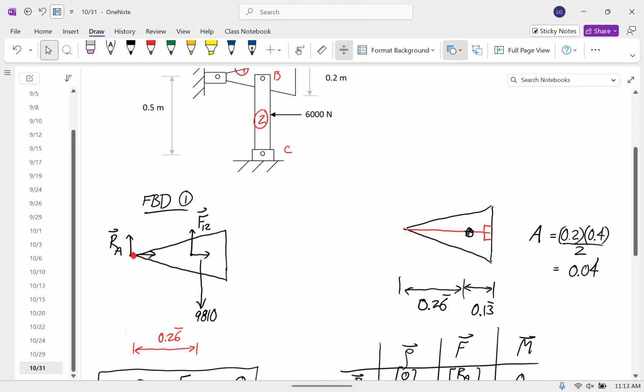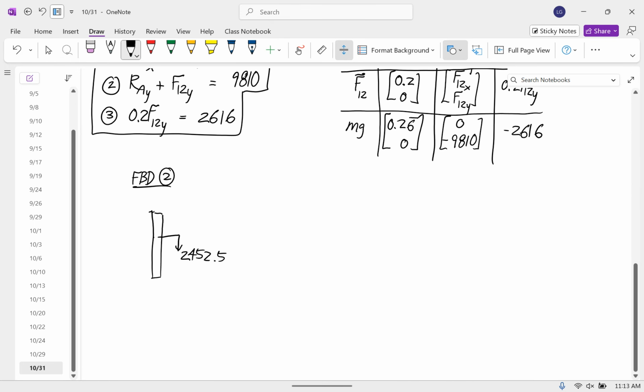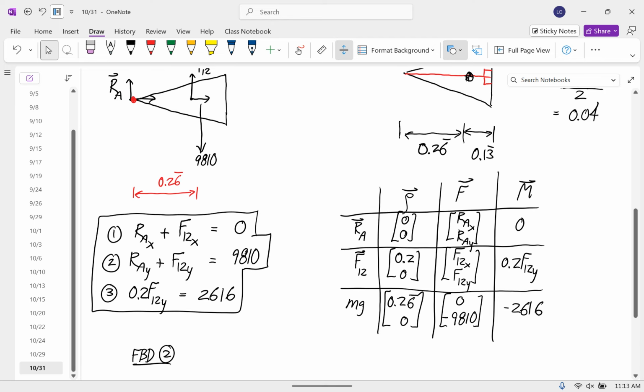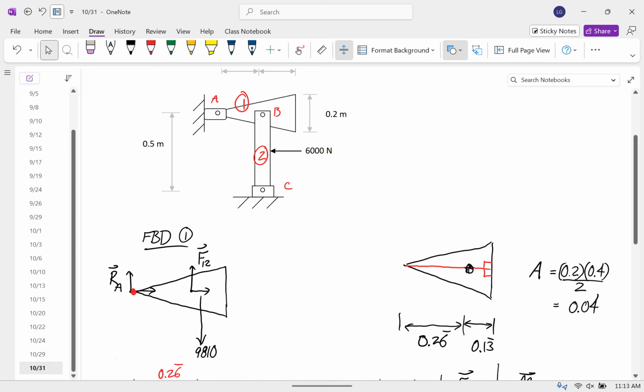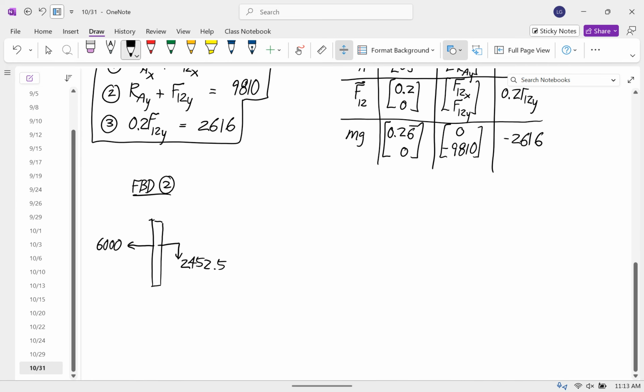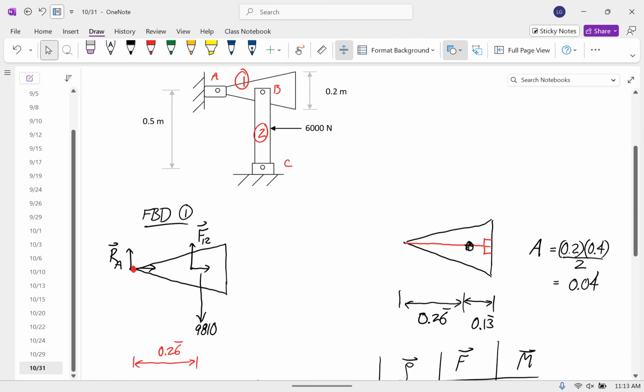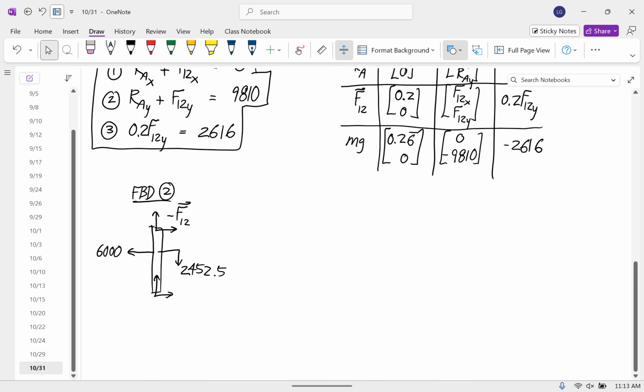And that's just a rectangle, so it's at the center. Then we have a horizontal force of 6,000. Up here we have the force on 2 by 1, which is negative F12. And here, this is a pin, so that's an unknown force vector, RC.